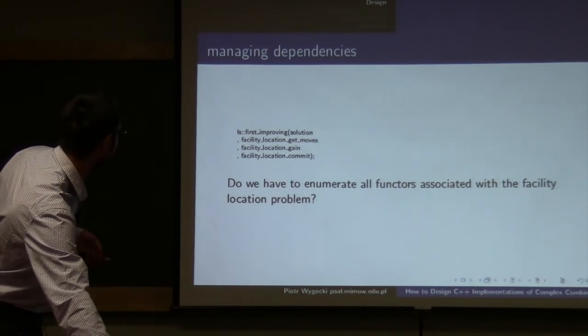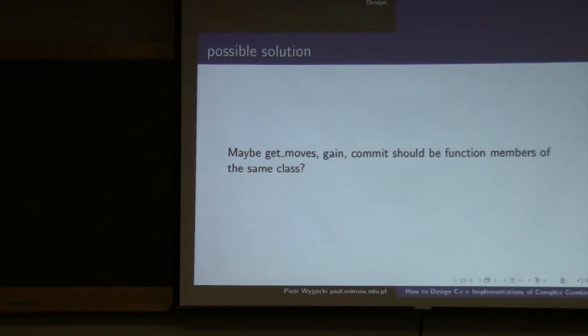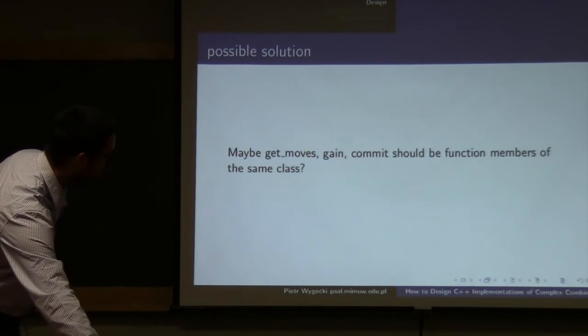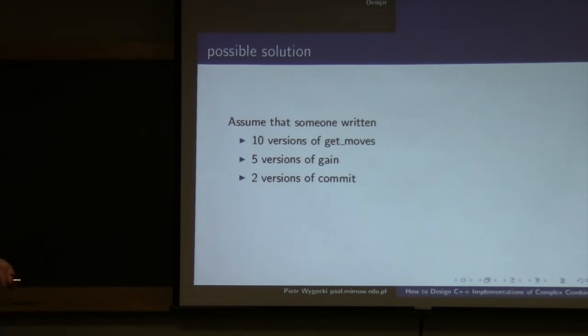And so the first idea is maybe these should be member functions of the same class. That's kind of an obvious idea, and this is not the best idea, actually. Because when you want to write a good local search algorithm, it involves a lot of experimenting.